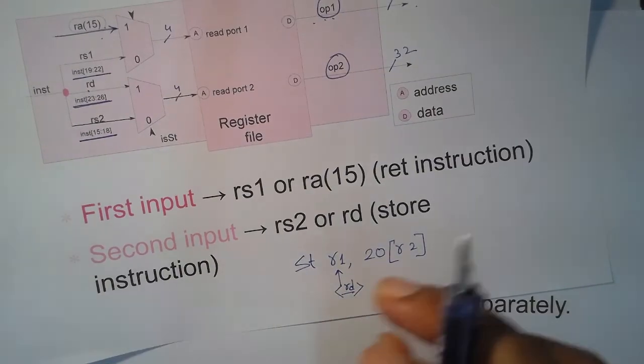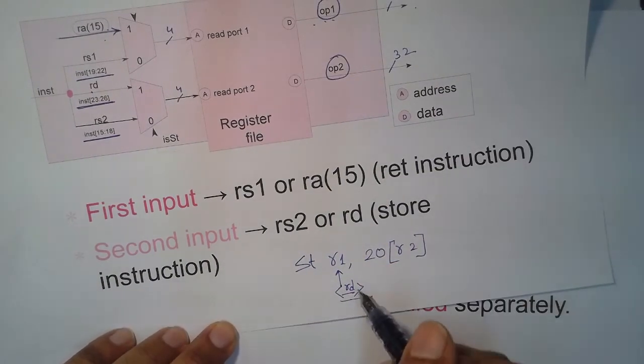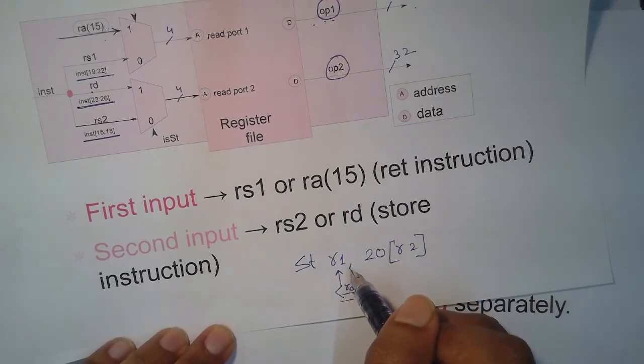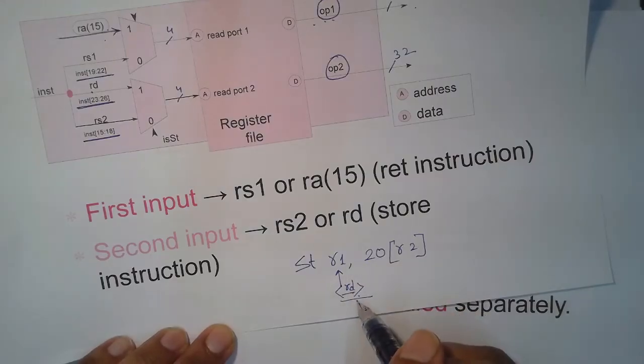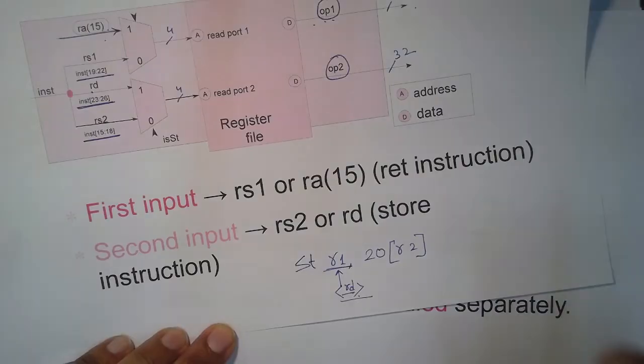In the 32-bit instruction, the location which is reserved for RD will be used for storing the location of R1, but this is not the destination. Basically, this is from where we need to get the data which will be stored in this location.